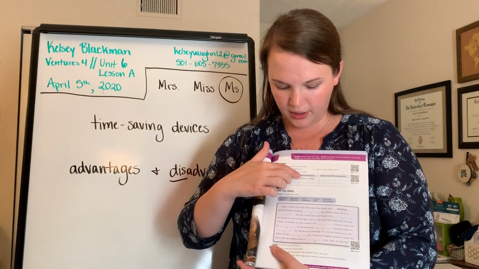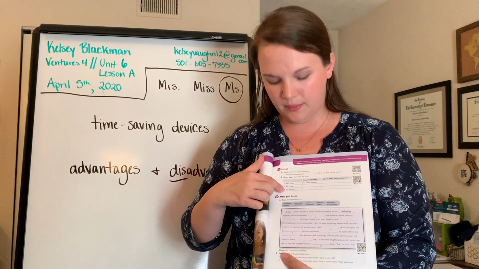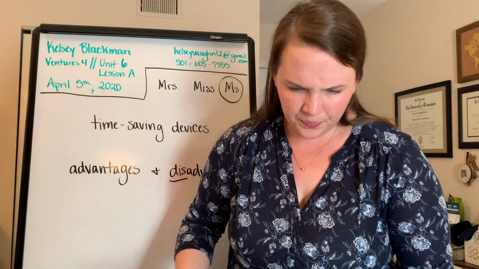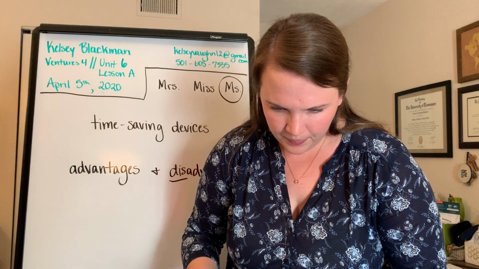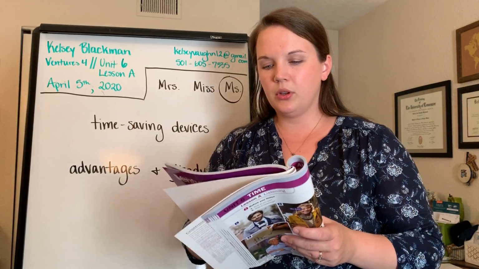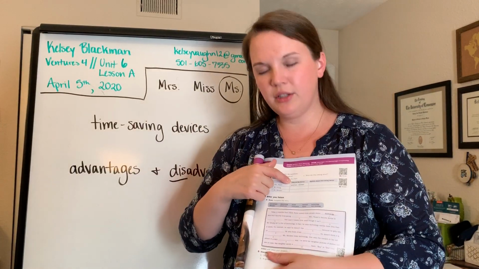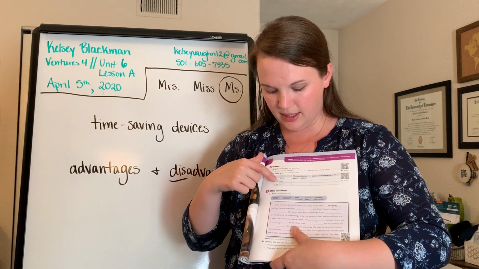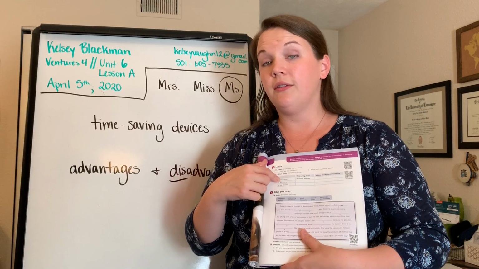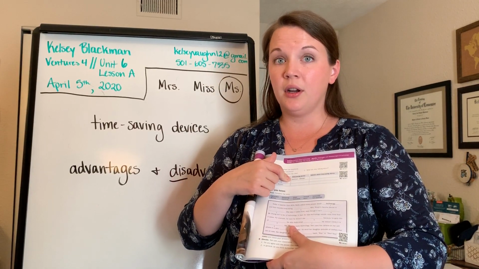So complete the chart. We have Mrs. Rosen, Mr. Chung, and Miss Morales. For example, you'll see Mrs. Rosen, and it wants to know which time-saving device she talked about. If you listen to the audio, she talked about the address stamper. Okay?